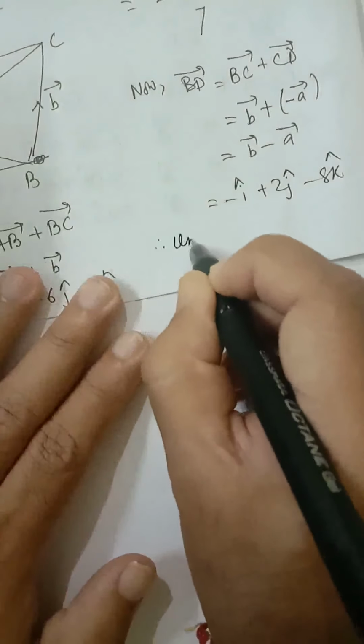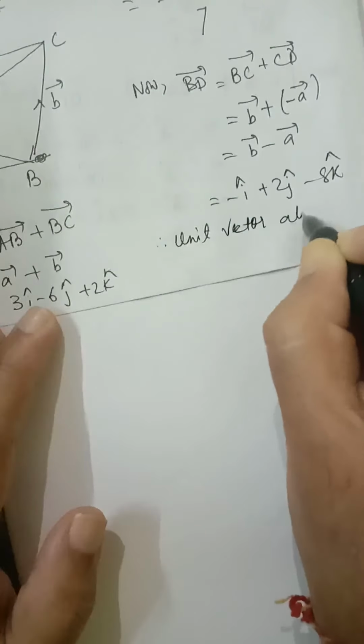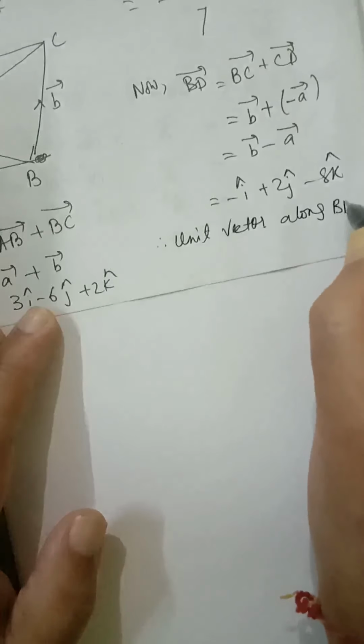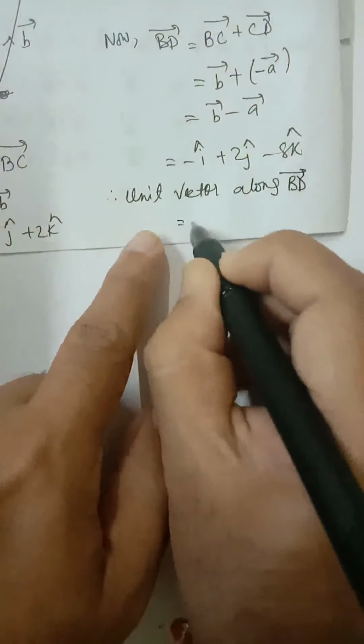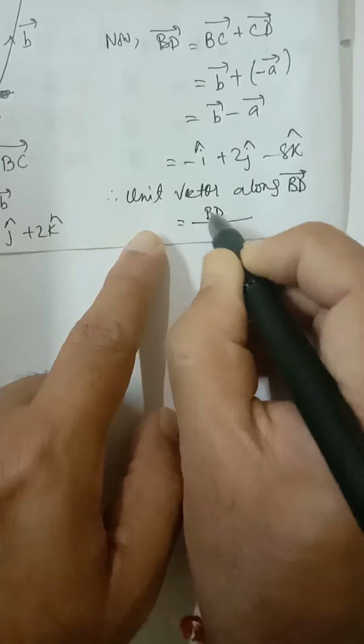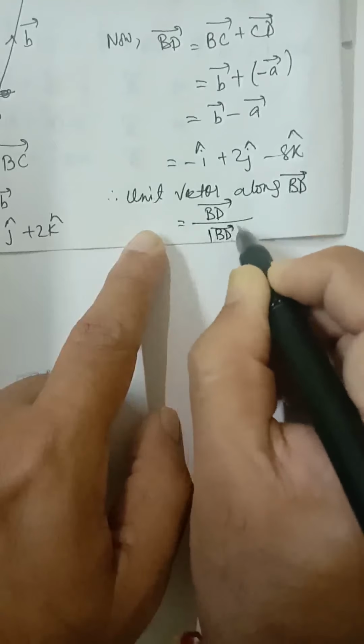Therefore, the unit vector along the diagonal BD vector is equal to the BD vector divided by the modulus of the BD vector.